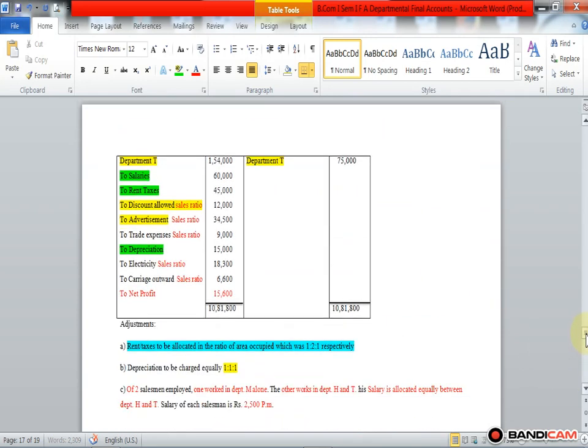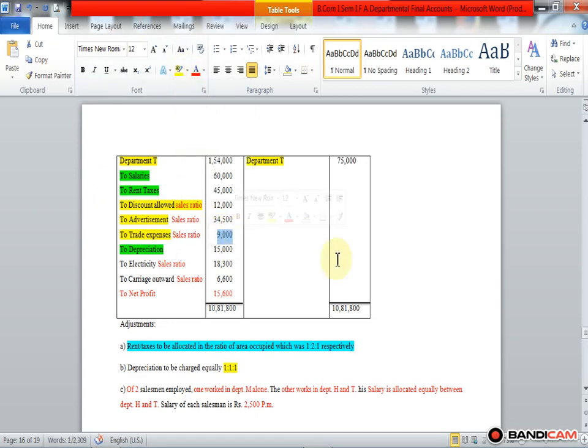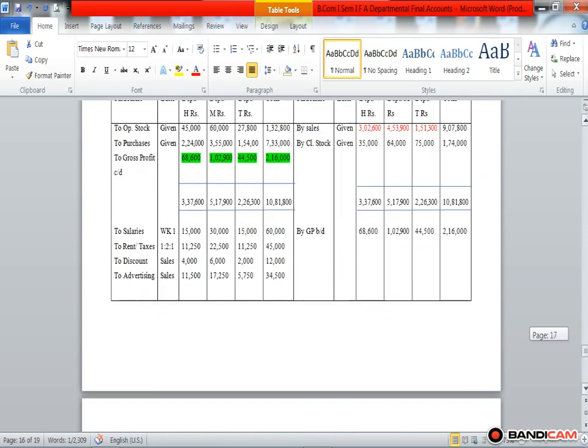So here trade expenses. Trade expenses is distributed on the ratio of sales. So trade expenses amount is 9,000. Okay, so now you make the working note and transfer. We just write it here, trade expenses distributed on the sales ratio.